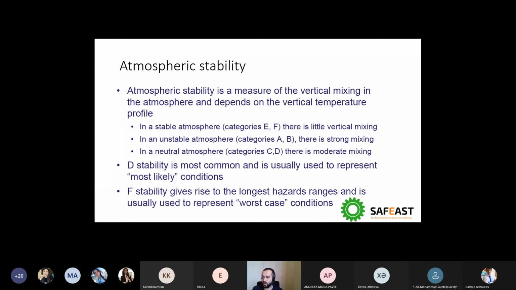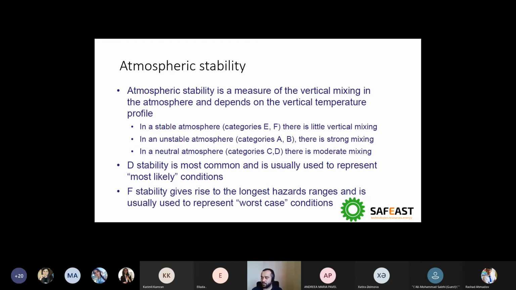But a neutral atmosphere, C and D, means moderate mixing: there is not much stability, but on the other hand it's not too unstable. And E and F are very stable atmospheres, and usually there is little or no vertical mixing.